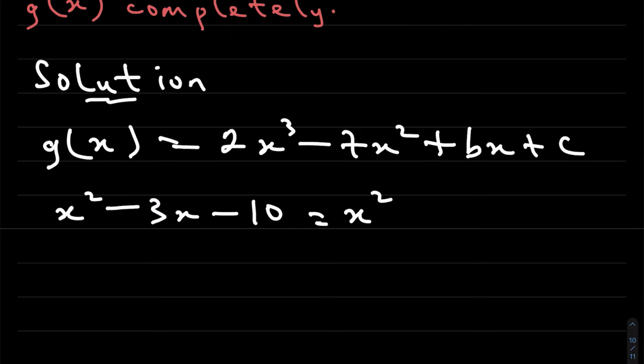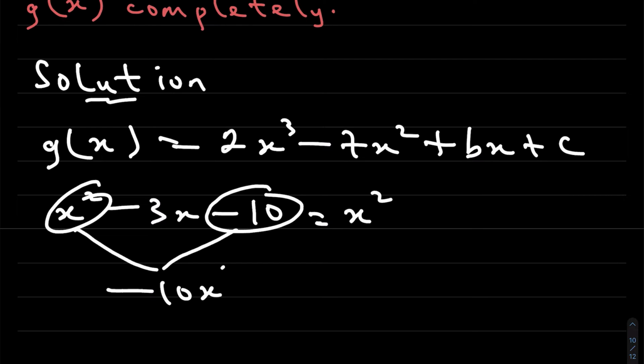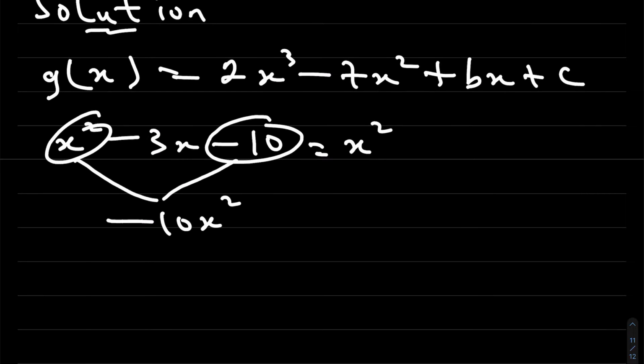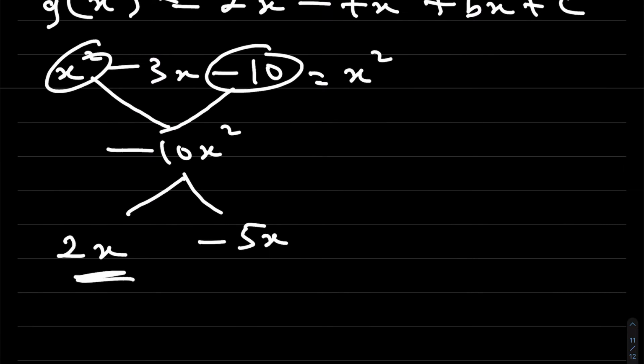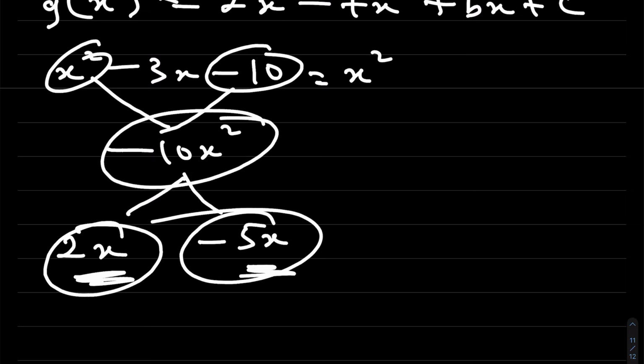This is going to be minus 10 times x squared. That's minus 10x squared. What are the factors whose product is minus 10x squared and whose sum is minus 3x? Those factors are 2x and minus 5x. 2x minus 5x is minus 3x, and at the same time 2x times minus 5x is minus 10x squared.